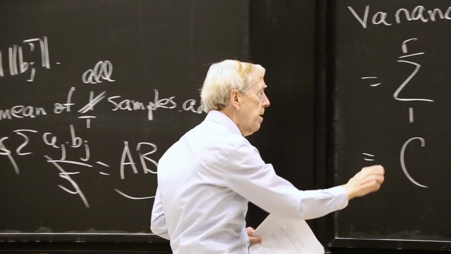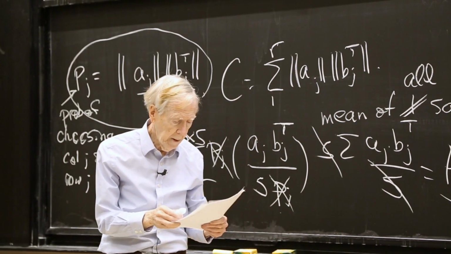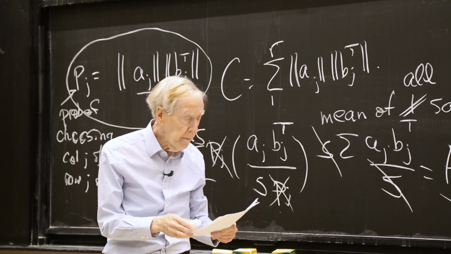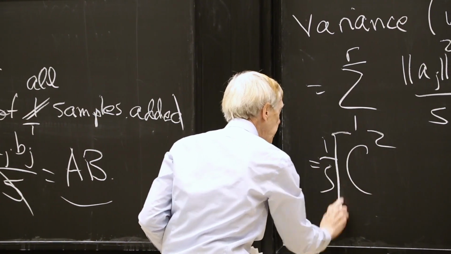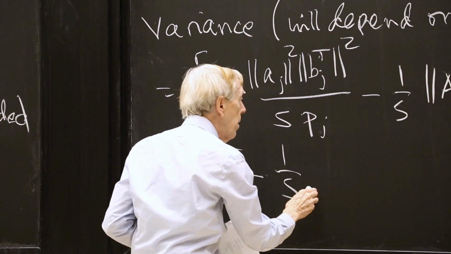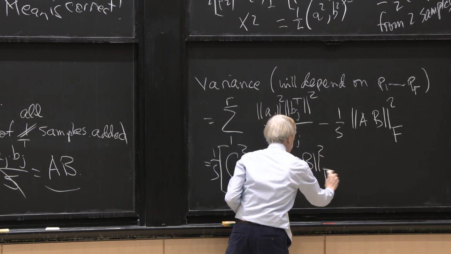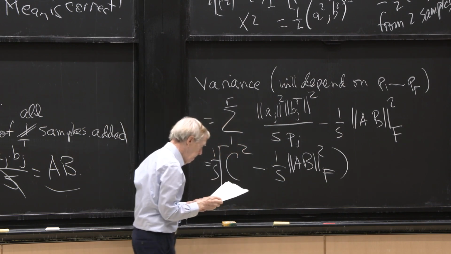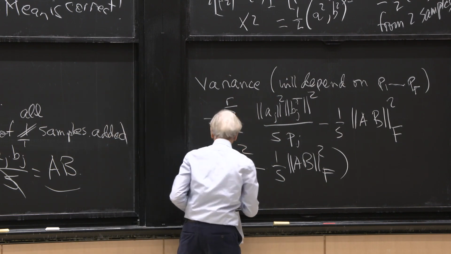So it's C squared coming here, a constant squared, minus the other term. There's a 1 over s that'll eventually go away. And this other term is 1 over s times the Frobenius norm of AB squared, or maybe 1 over s's are.